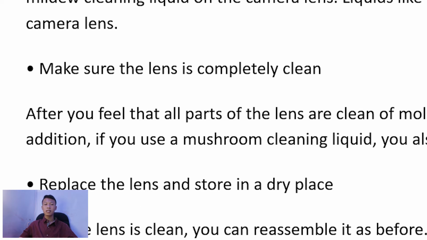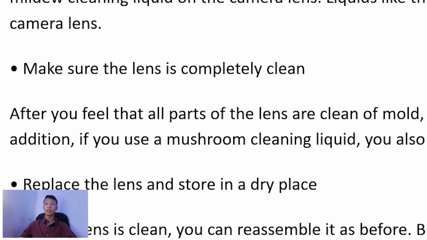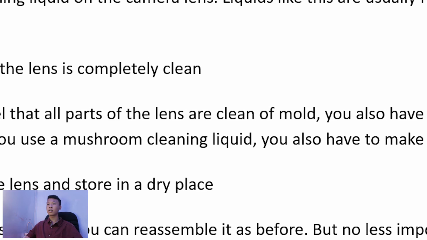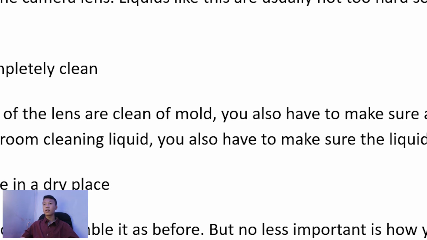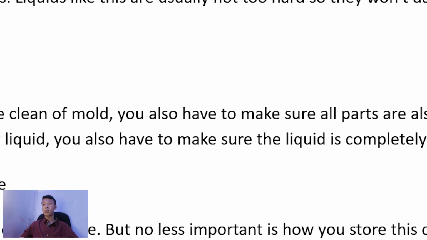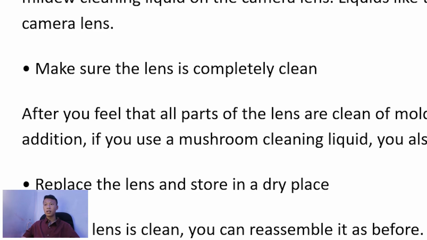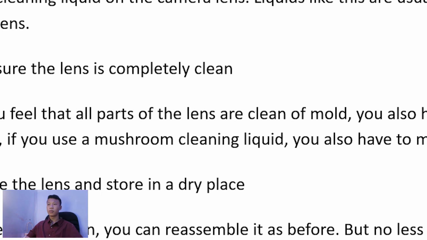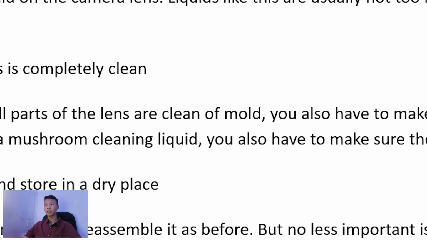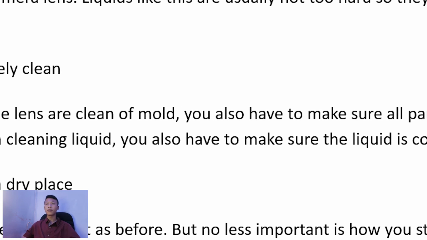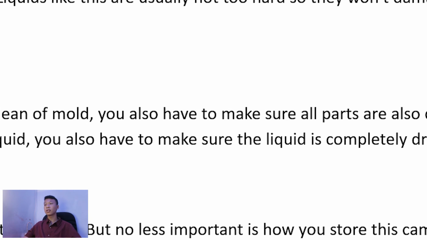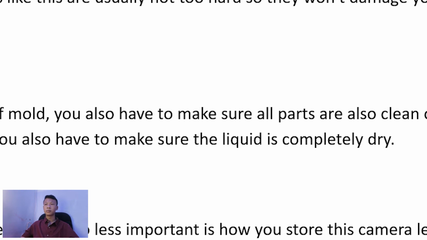Make sure the lens is completely clean. After you feel that all parts of the lens are clean of mold, you also have to make sure all parts are also clean of dust. In addition, if you use a mushroom cleaning liquid, you also have to make sure the liquid is completely dry.